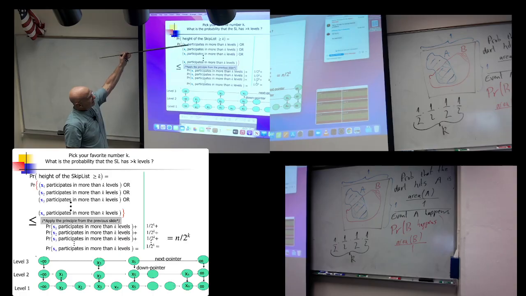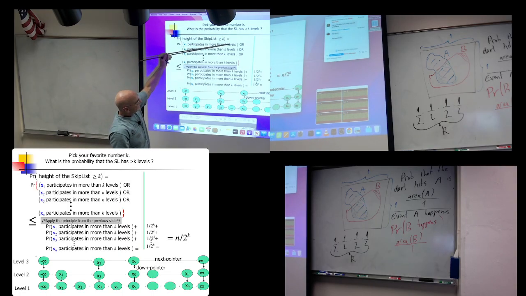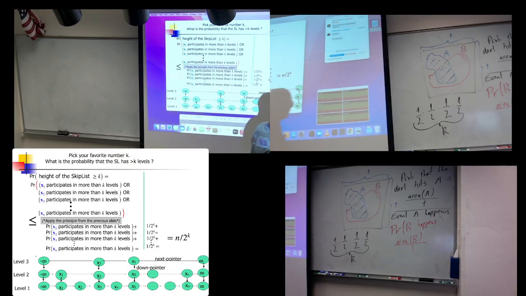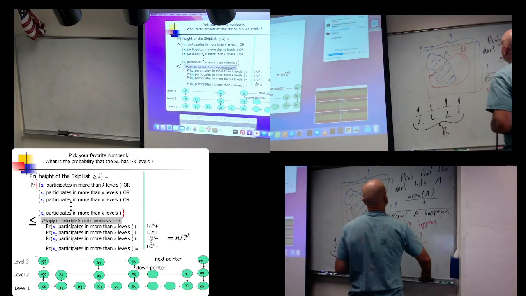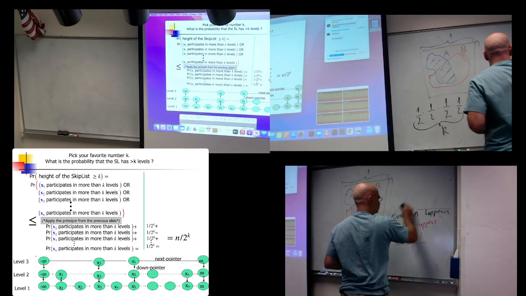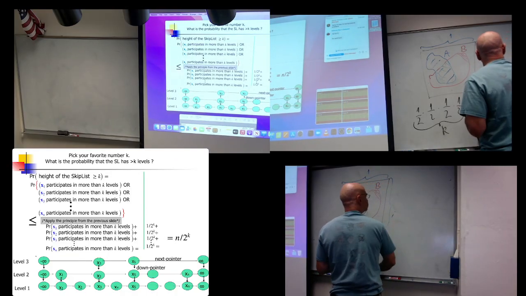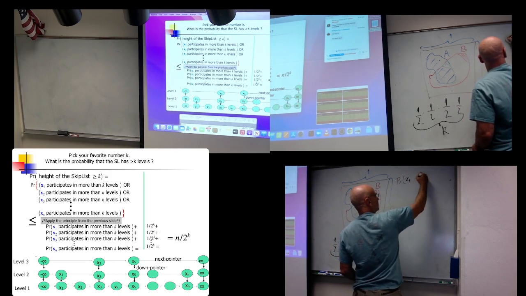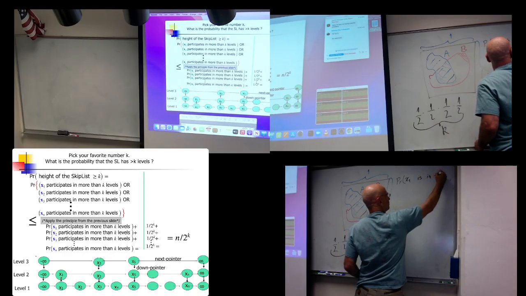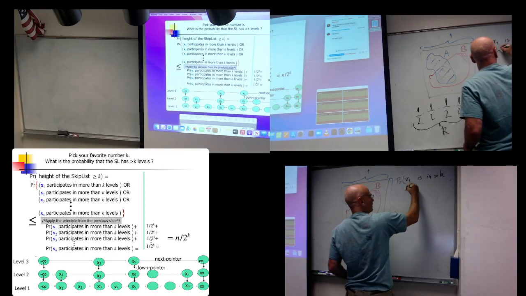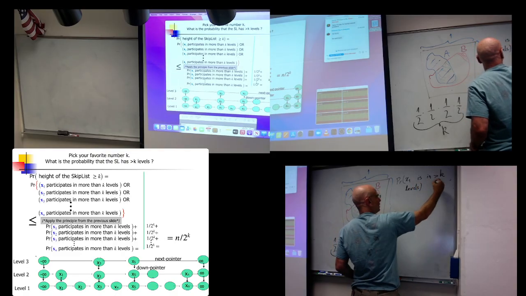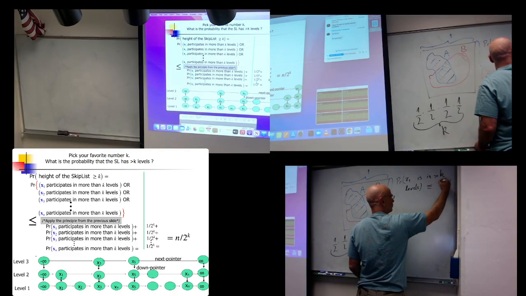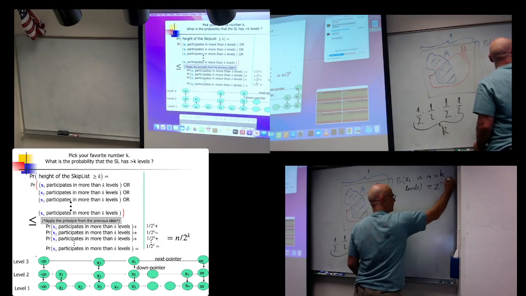So the probability that X1 participates in more than k levels is smaller or equal to 2 to the minus k.